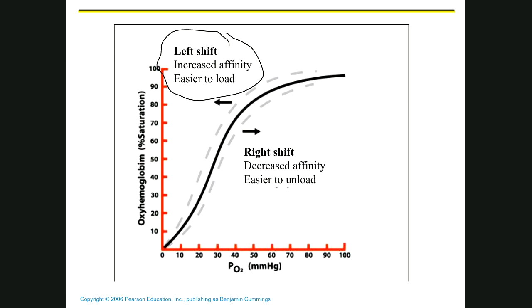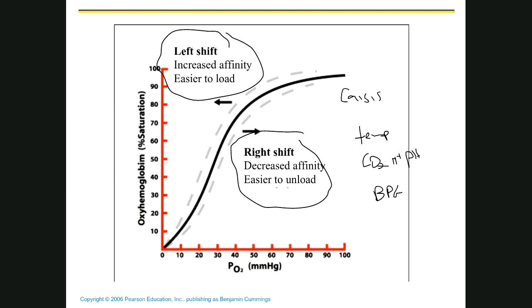And then what causes these shifts? And again, that's temperature, carbon dioxide, hydrogen ions, pH, and then BPG. Any questions?